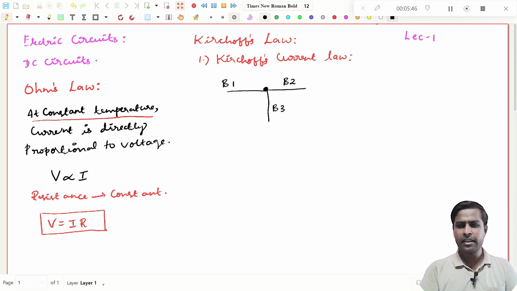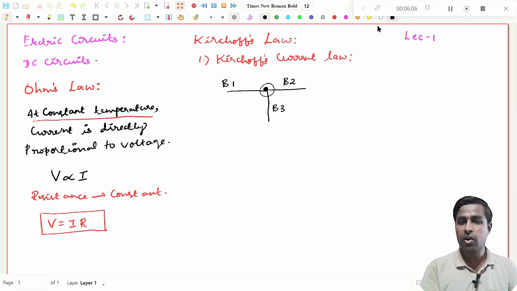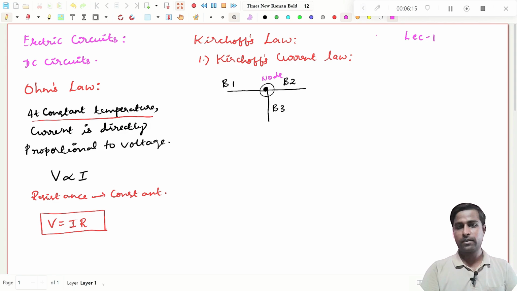In an electrical network, if you see 3 or more branches connecting at a particular junction, we call this junction a node.